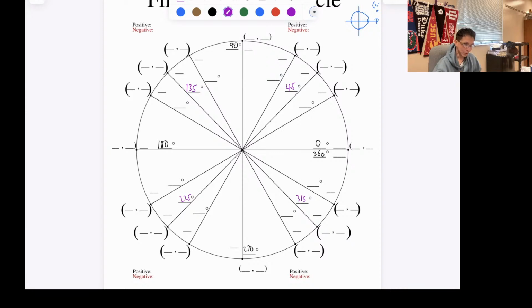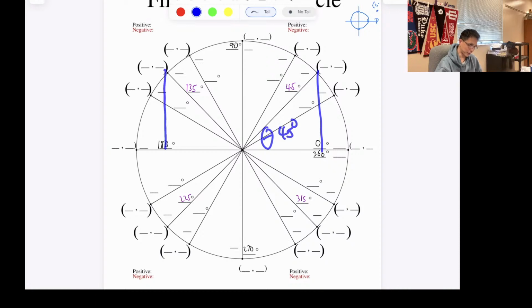Okay. So now, why do I use this color? They all share the same thing. What do they share? Not coterminal angle, but they share the reference angle. Think about the reference angle as the angle from the closest axis. This is 45 degrees, right?